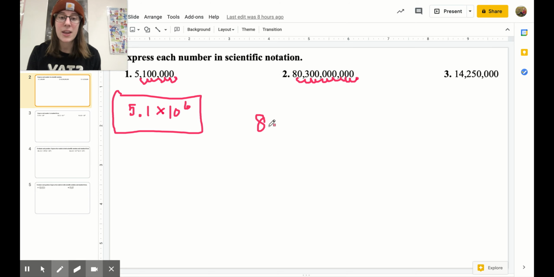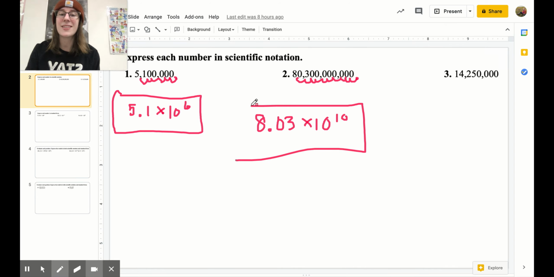So then I have 8 point, because that's where I put the decimal, 0, 3. I stop when there's no more other numbers other than 0. And then it's always going to be times 10 to the power of however many times we moved the decimal. So in this case, it's 10 to the power 10. And that is it. That's all you have to do for these problems.